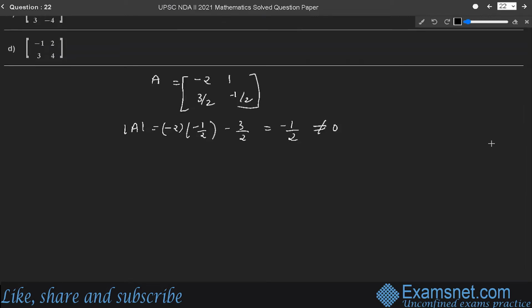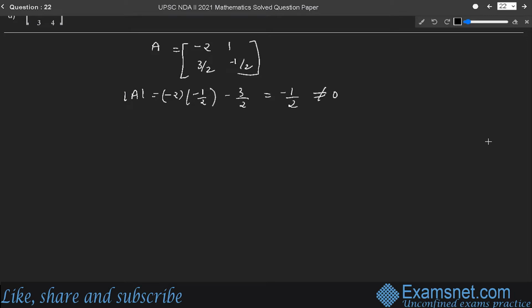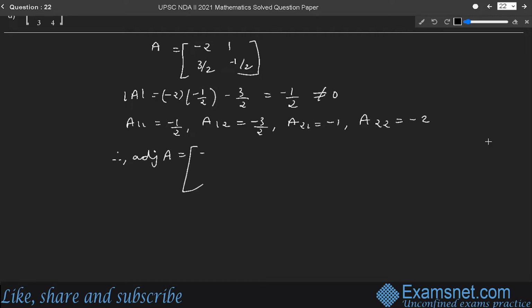Now let us find its cofactors. Here A11 is equal to -1/2, A12 is equal to -3/2, A21 is equal to -1 and A22 is equal to -2. Therefore, the adjoint of the matrix will be -1/2, -1, -3/2 and -2.